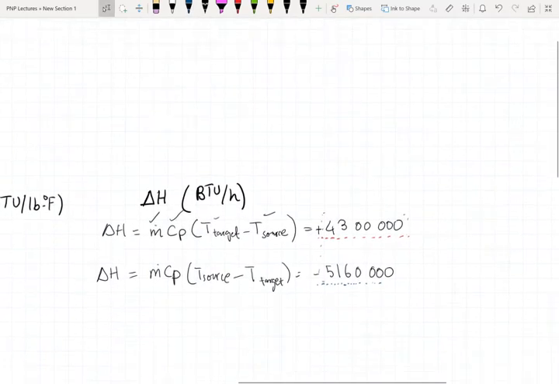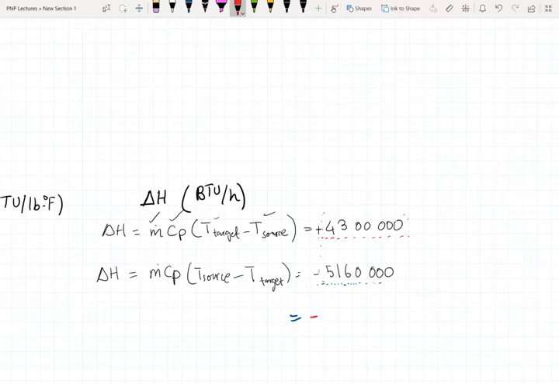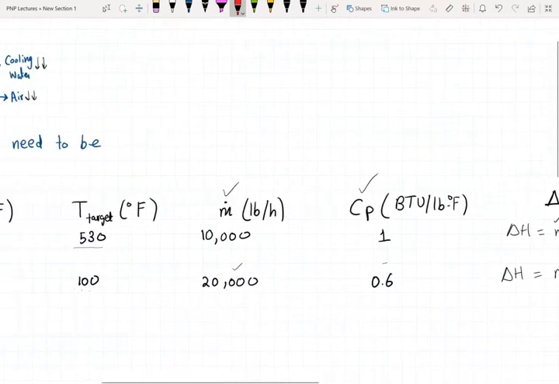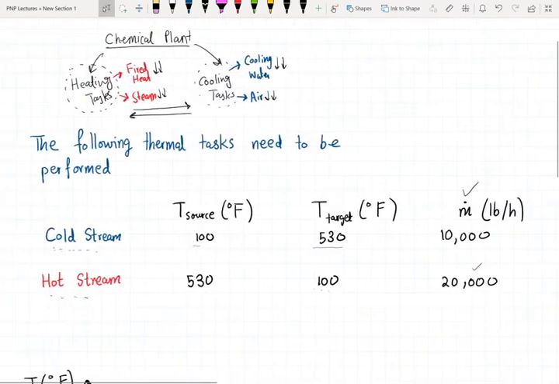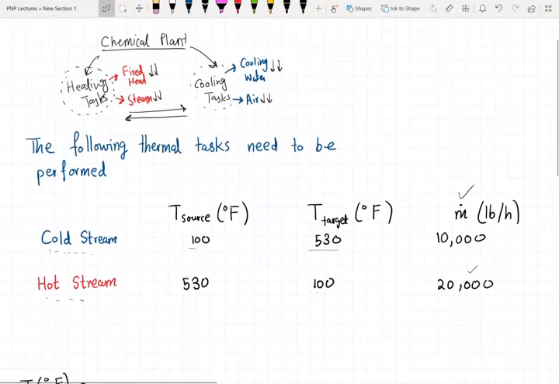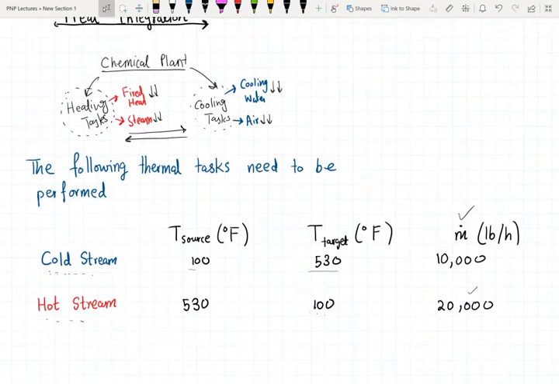So in the end, if you add these up, you'll be left with a deficit of negative 860,000 BTU per hour. That's the total cooling duty that you'll have to provide in order to successfully meet the tasks.